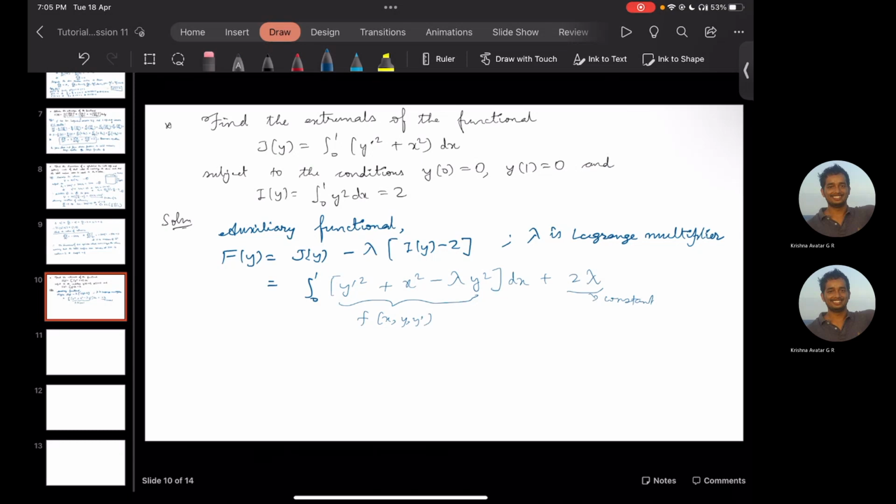Okay. So the Euler-Lagrange equation is what? It's d by dx of the partial derivative with respect to y prime, minus the partial derivative with respect to y, is equal to 0.